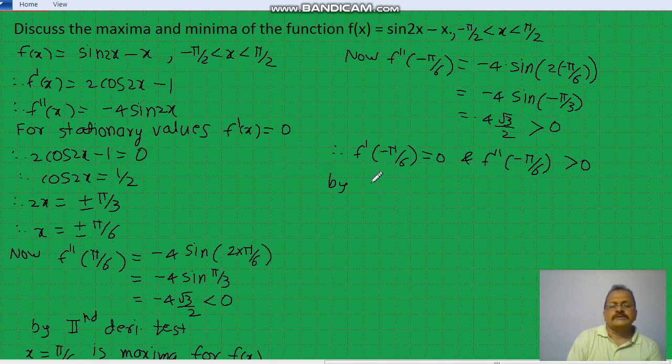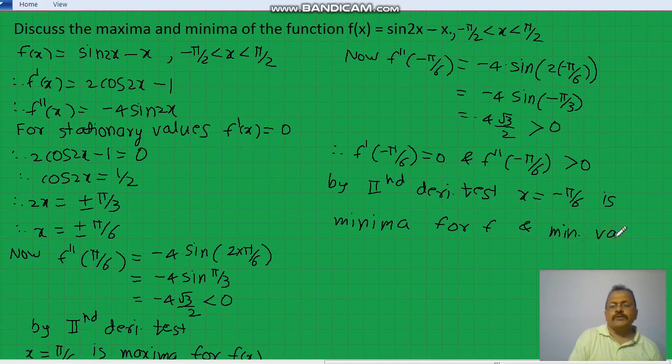By second derivative test x equal to minus pi by 6 is minima for f, and minimum value of f is f of minus pi by 6.